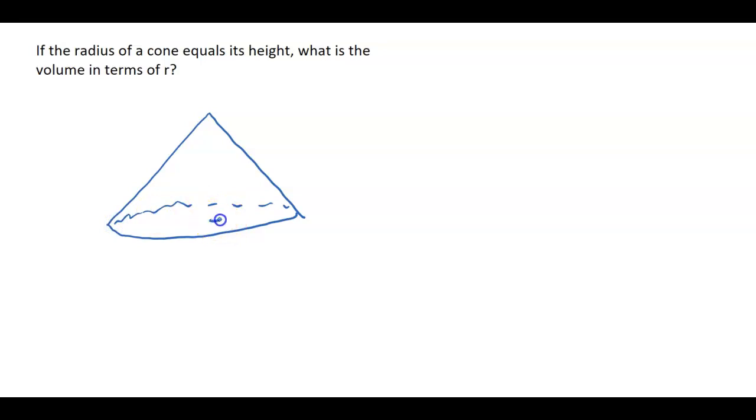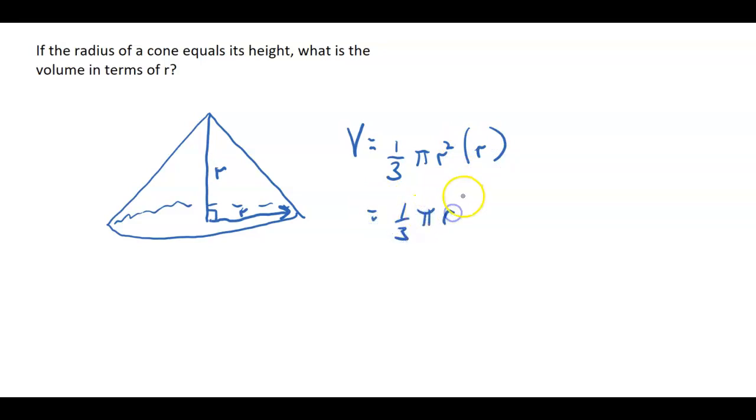Okay, so here's the radius, and the height is also equal to the radius, so I have an r and an r right there. So what's the volume? The volume is 1/3 pi r squared times the height, which is r, and I get 1/3 pi r cubed. So that is the volume in terms of r.